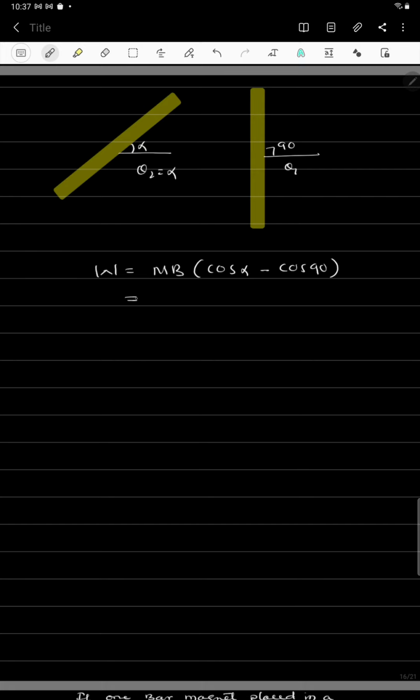So then what will you get here? You will get work equals mB cos alpha. So for this situation, the potential energy is nothing but mB cos alpha.